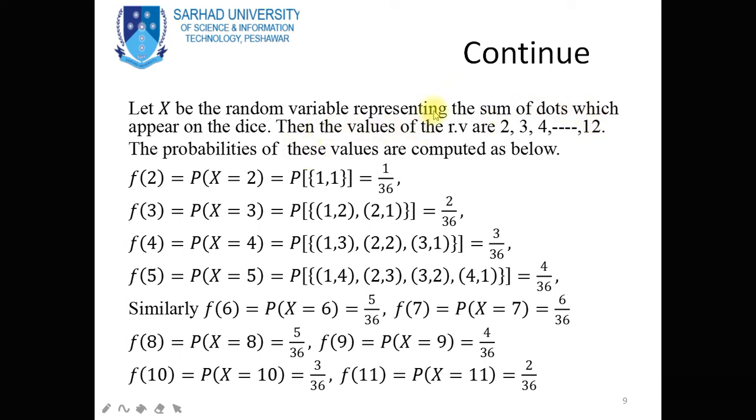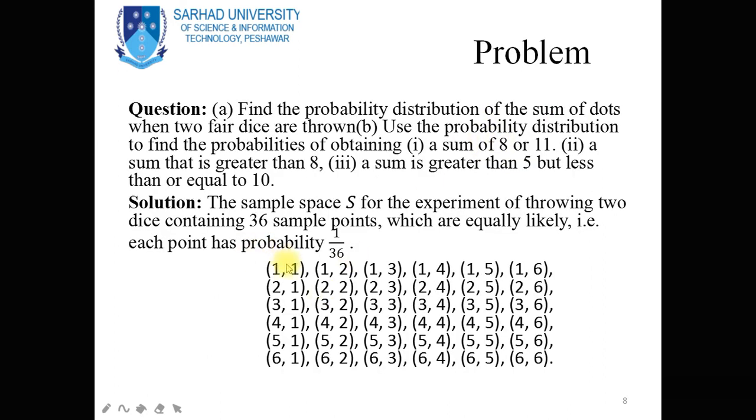Then the values for this random variable may be 2, 3, 4 up to 12. So these are actually the values for the random variable. The sum of dots may be, you see over here, 1 1, 1 plus 1 is equal to 2, 1 plus 2 equal to 3, 1 plus 3 is equal to 4. So we obtain the results from 2, 1 plus 1, up to 12, 6 plus 6.